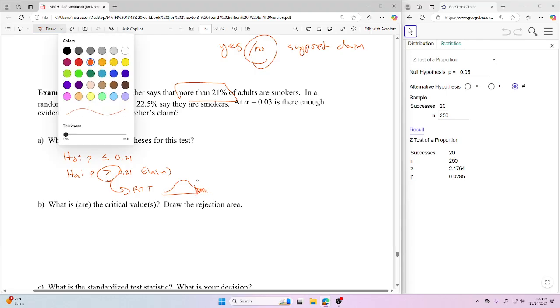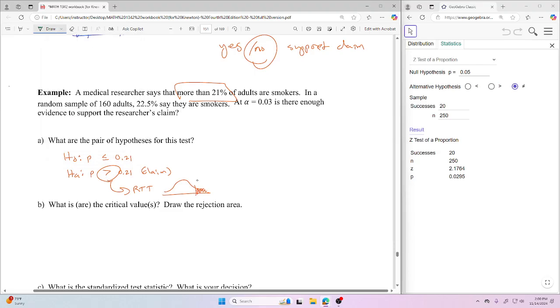I don't know if I should go faster or slower in the last one. In a random sample of 160 adults, 22.5% say they're smokers, and then the alpha, and there we go. So they're talking rejection region. I will actually answer this to what they're wanting, but every time what we do is the p-value.